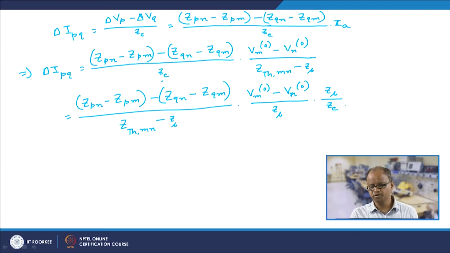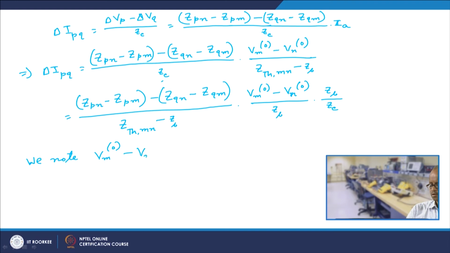Now, what is Vm naught minus Vn naught by Zb? Vm naught minus Vn naught by Zb is nothing but the original current flow through line mn. So, we note that Vm naught minus Vn naught by Zb is Imn naught, right.